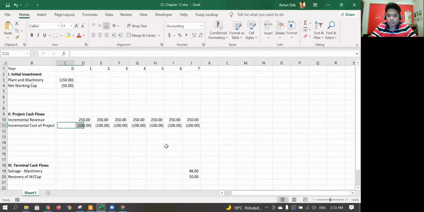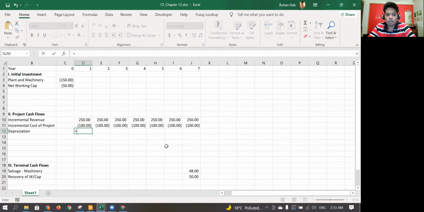Now I have to calculate depreciation also. As I told you, depreciation is basically 150 minus 48 divided by 7. I'll just put that in brackets.